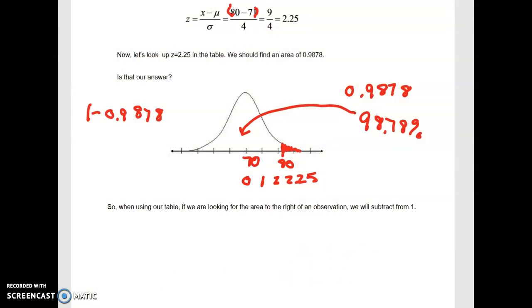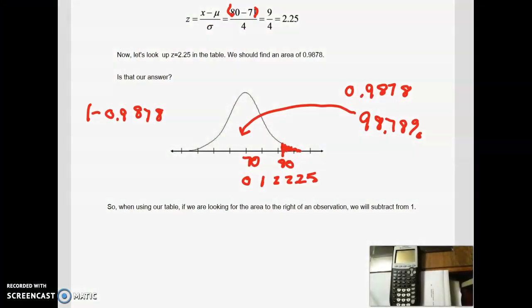Let me clear that here. I got 9578. 9878. Okay, and I hit enter. That gives me 0.0122. Okay, coming back here to your notes.